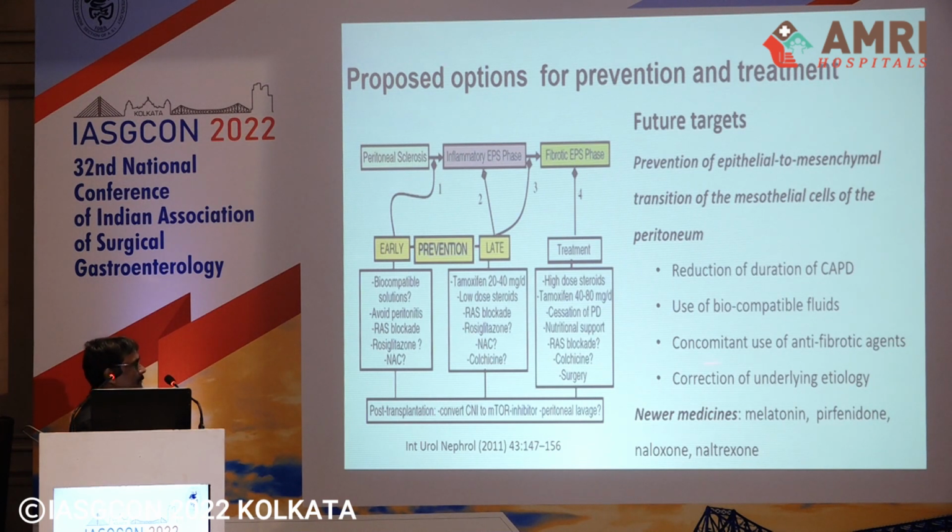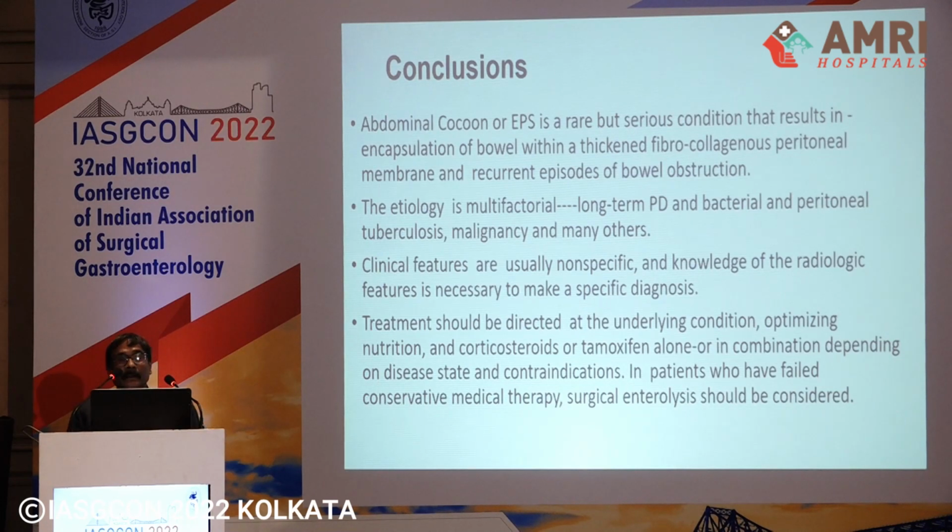And there are many new drugs in the pipeline under research, and the future is very promising for cocoonization. And finally, in the last slide, I can conclude that the cocoon is a rare but serious condition that can result in encapsulation of the bowel by a thickened fibrocollagenous peritoneal membrane and recurrent episodes of obstruction.